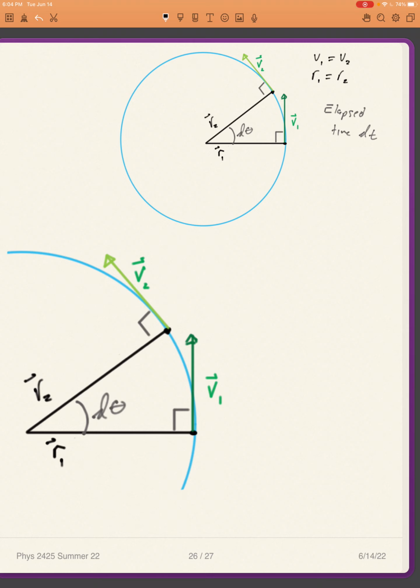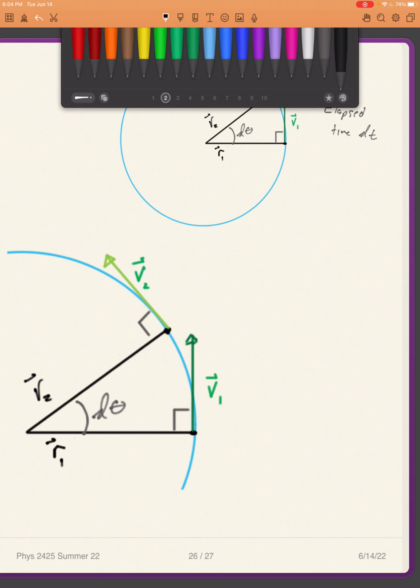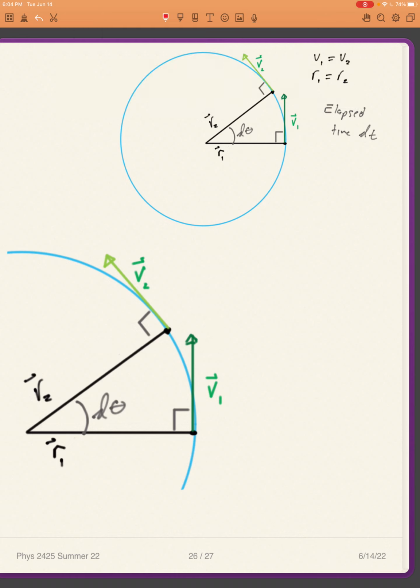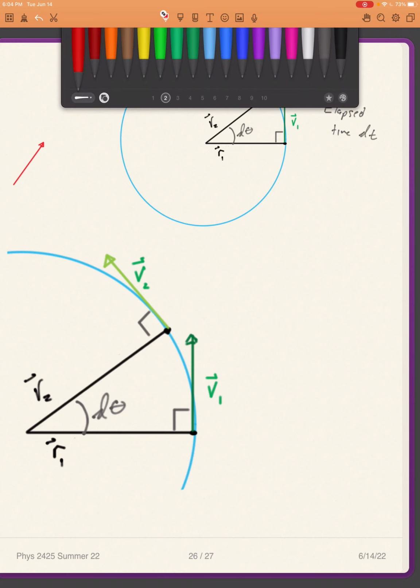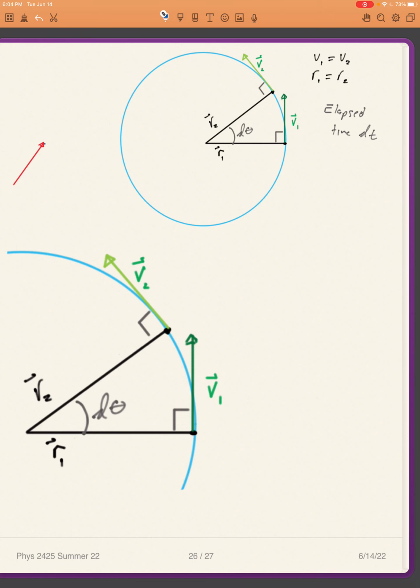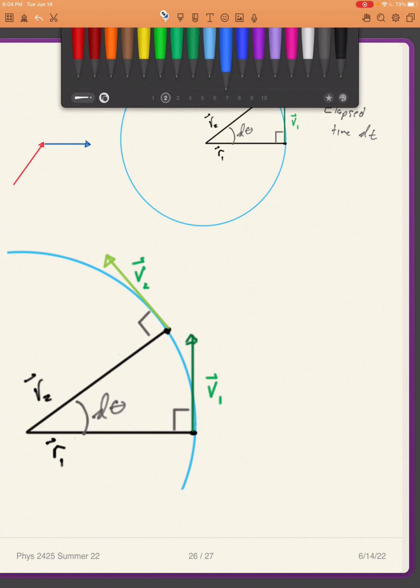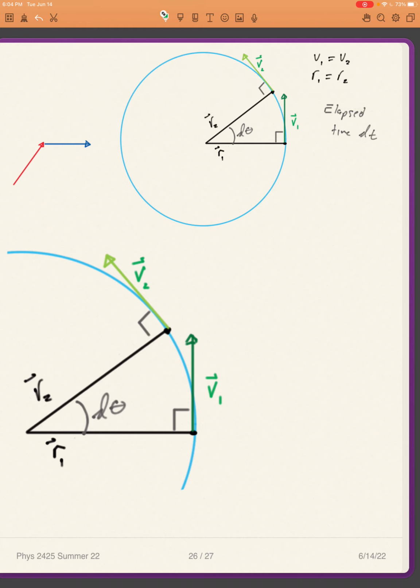So as you know from other lectures, if you have two vectors, let's say I have vector A in this direction, and then I have vector B in this direction, I would add them up, and so then I'll get a vector C, which should be this vector.